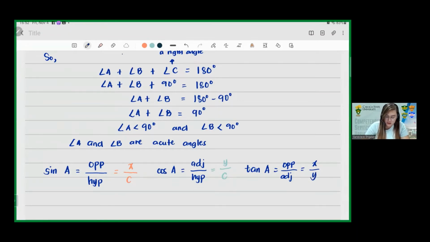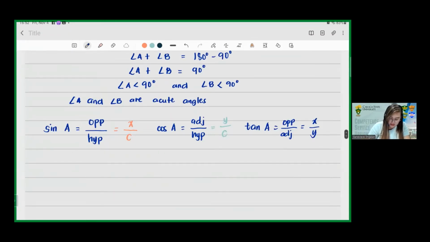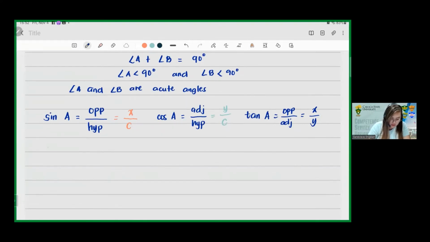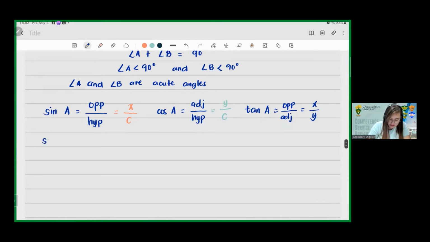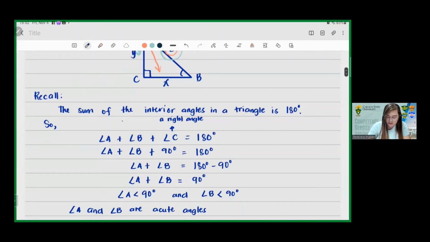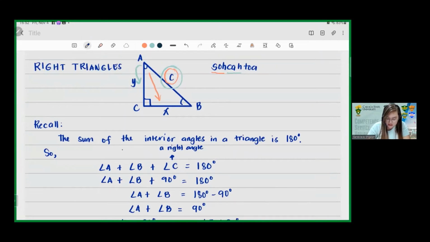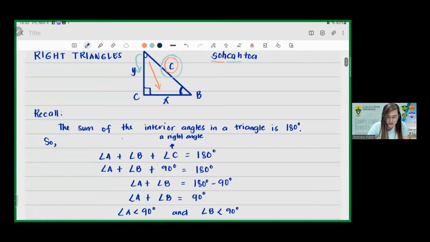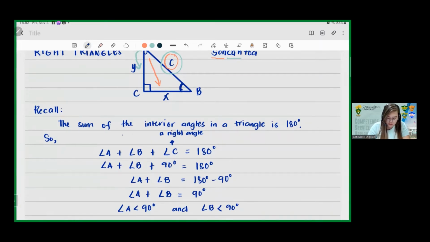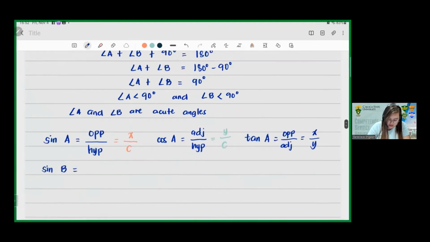Now if B is our angle, we do the same with sine, cosine, and tangent. The sine of B is its opposite divided by the hypotenuse, so y over c.